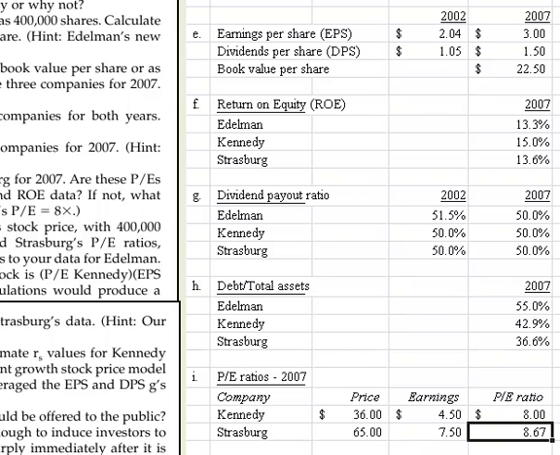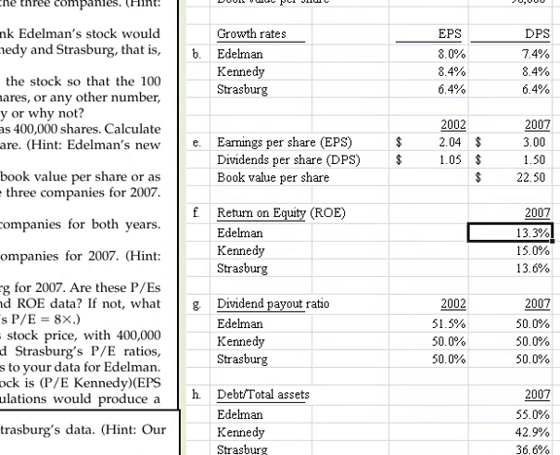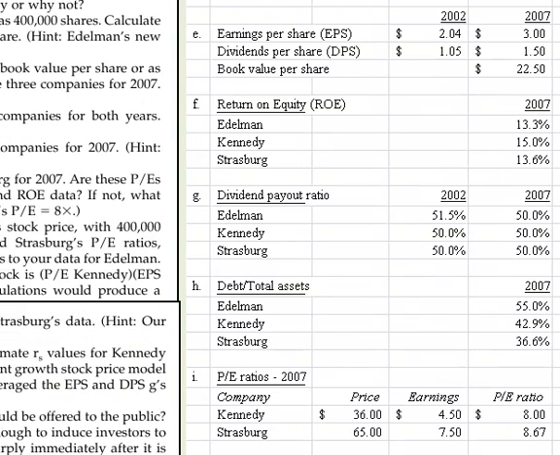And that's as a result of what we saw in ROE and growth. You can see Kennedy is higher than Edelman, and if we look at growth, which is right up here, Kennedy was 8.4 in dividends per share and 7.4, also higher in earnings per share, which is really more critical to the question we're looking at. And that takes care of part I.